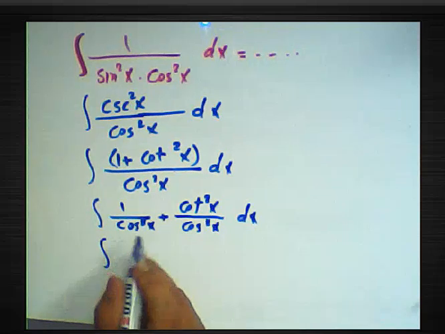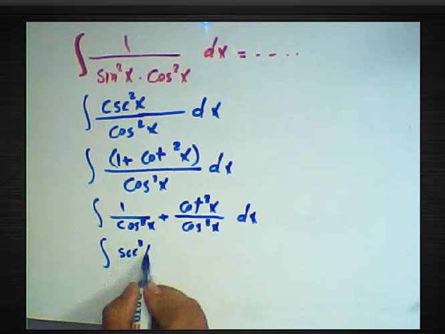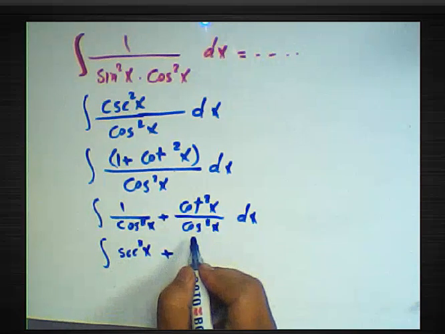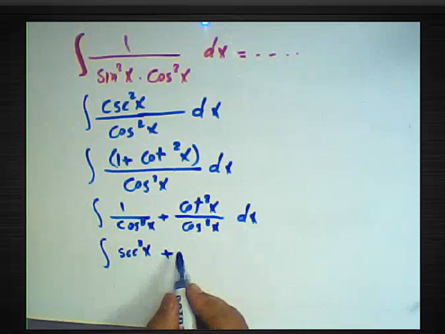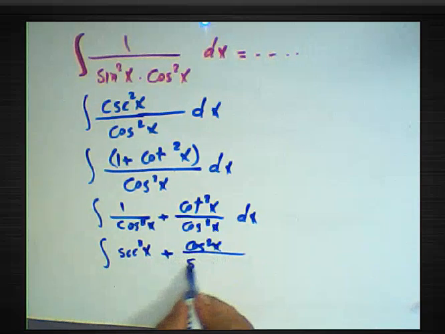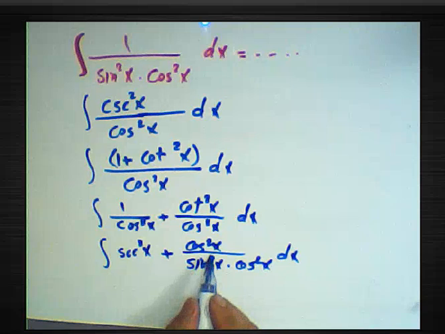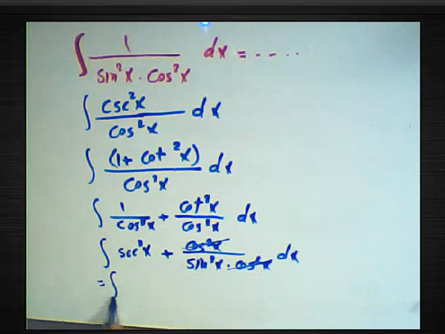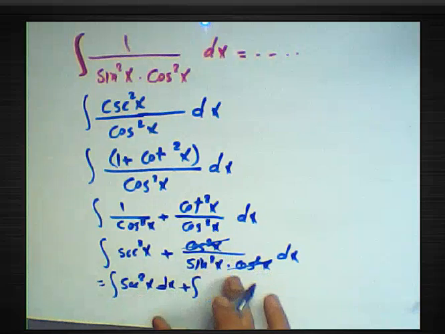1 over cosine power 2x, we can write it as what? The inverse of cosine will be sec power 2x, and cotan over cosine, cotan means what? It means cosine power 2x over sine power 2x multiplied by cosine power 2x dx, and we can cancel them, and the result will be integration of sec power 2x plus the integration of 1 over sine power 2x. 1 over sine power 2x will be what?